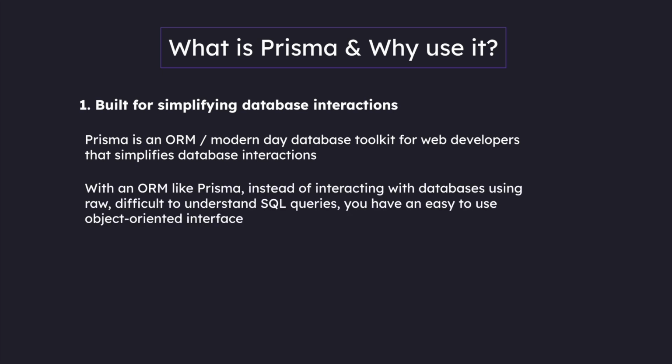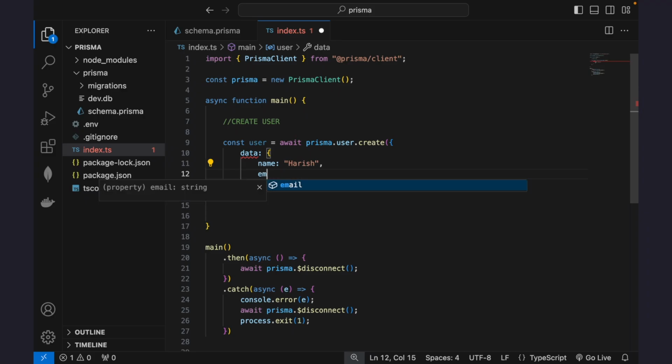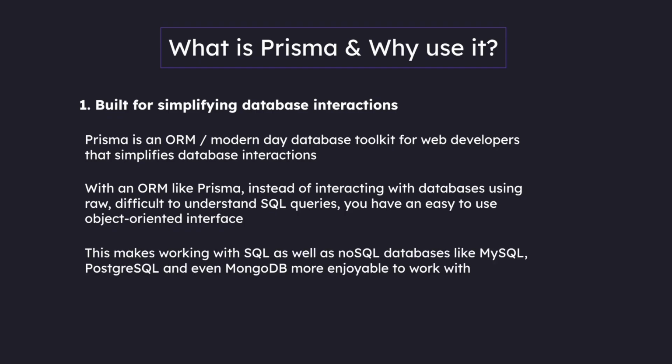With an ORM like Prisma, instead of interacting with databases using raw, difficult to understand SQL queries, you have an easy to use object-oriented interface. This makes working with SQL as well as NoSQL databases like MySQL, PostgreSQL, and even MongoDB much more enjoyable to work with. Some of the other examples of ORMs like Prisma would be Mongoose and SQLite.